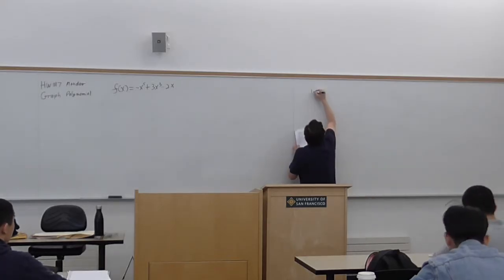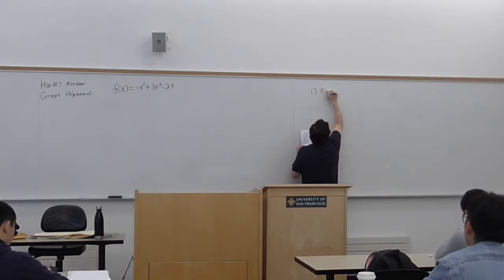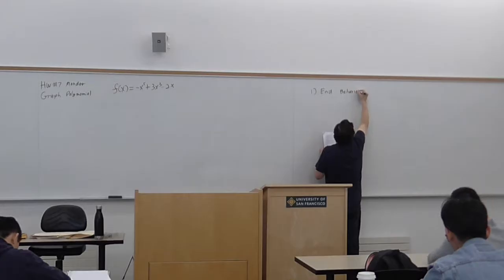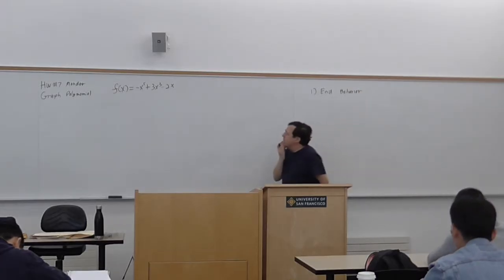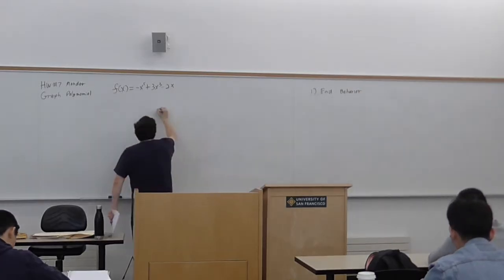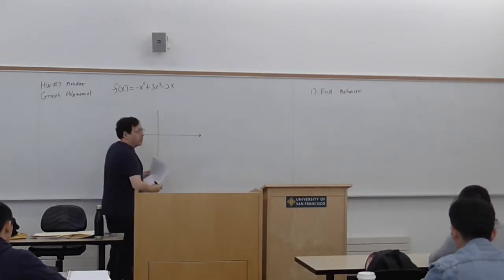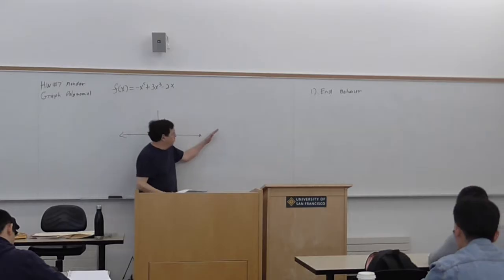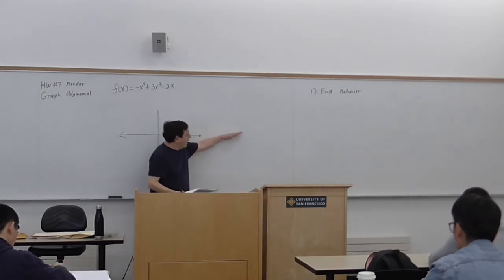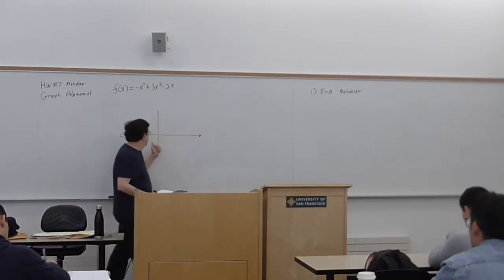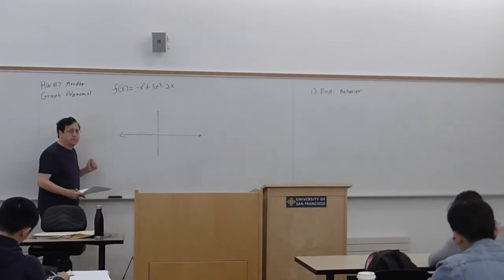First item is called end behavior. By end behavior, what I mean is what happens to this function out in the positive x direction or in the negative direction.